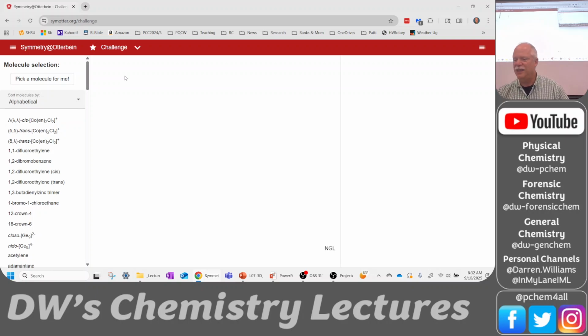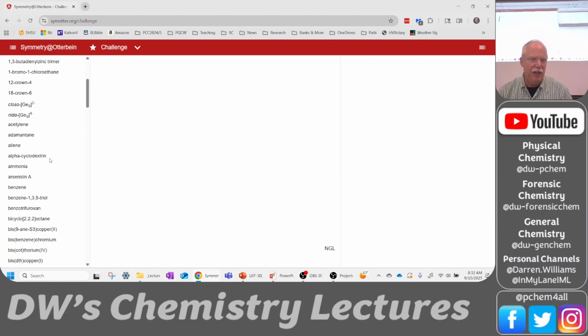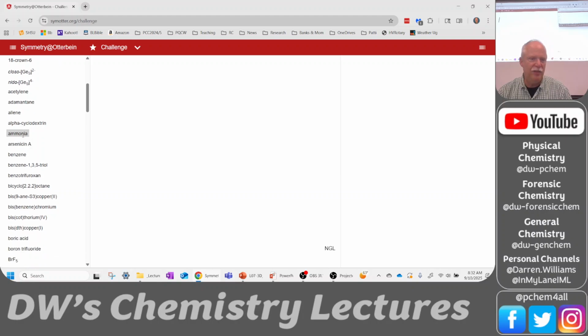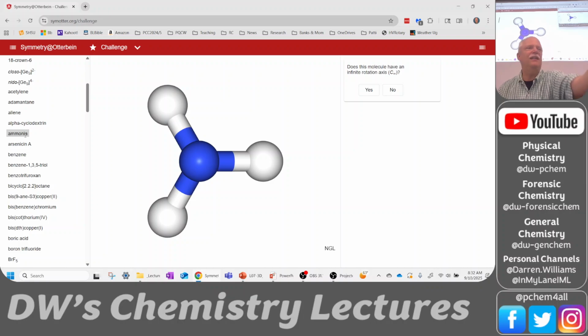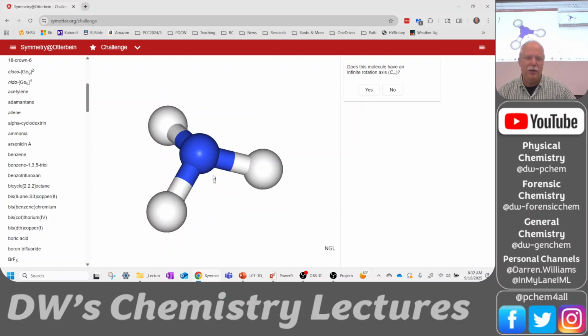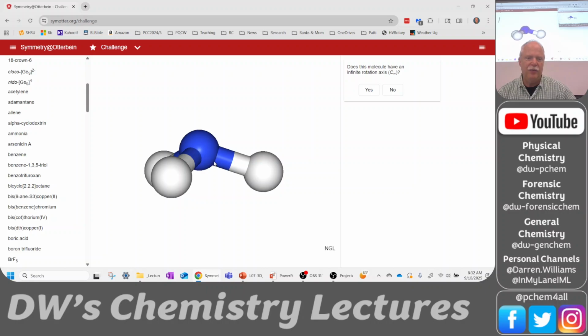So let's pick a molecule. Let's pick something easy first. Let's do ammonia. So typically when you draw ammonia, you probably draw it sideways like this, where you've got wedges and dashes over here on the left, and then you got the NH bond in the plane of the paper on the right.